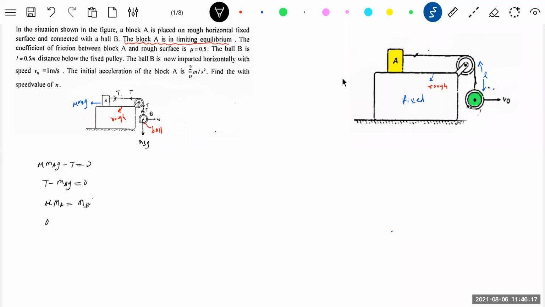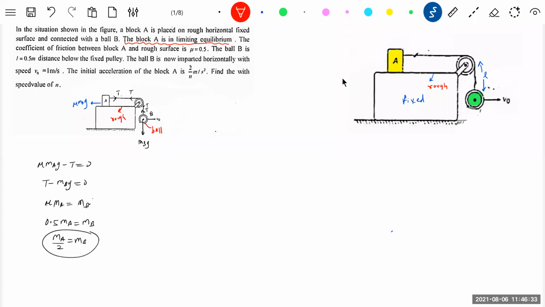Mu is 0.5. Let's see what information we get. There's one equation, you keep it, and now it is given a velocity v naught.